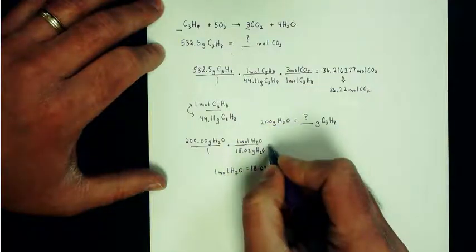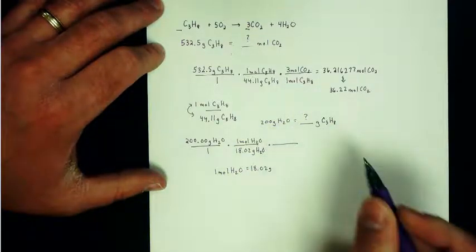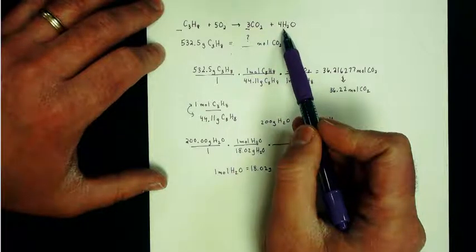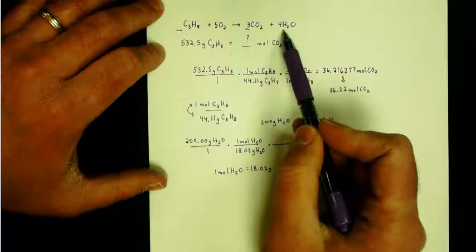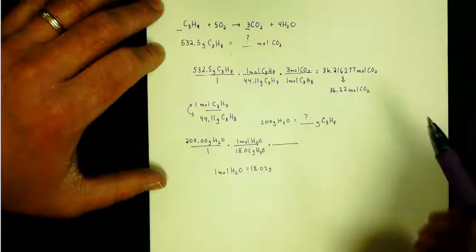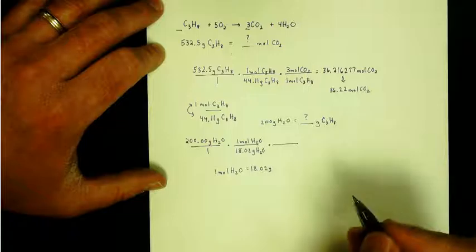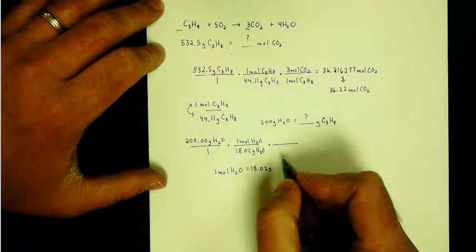Alright, so now I've got it in moles, but it's not a 1-to-1 ratio. For every 4 moles of water I produce, I'm going to be burning 3 moles of propane. So that's my mole ratio.